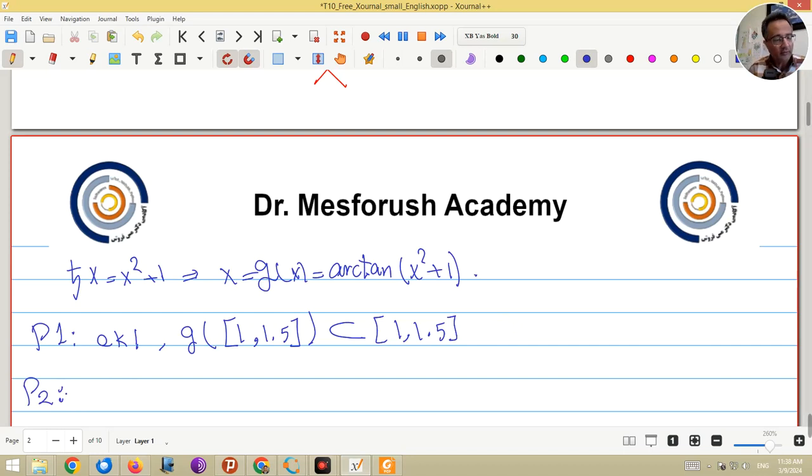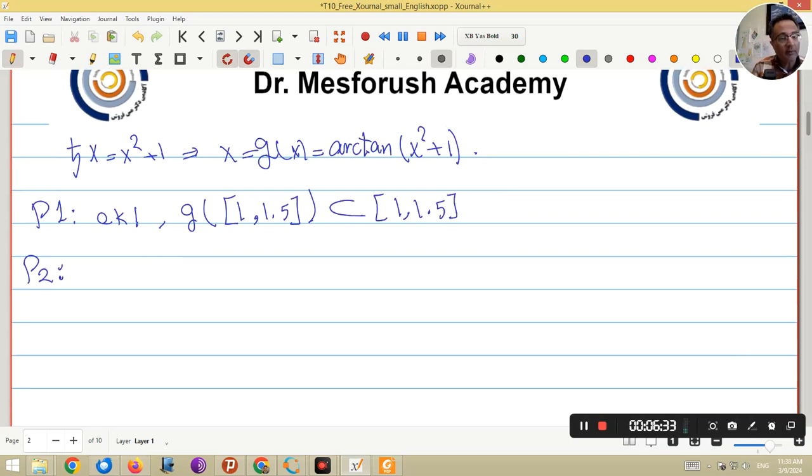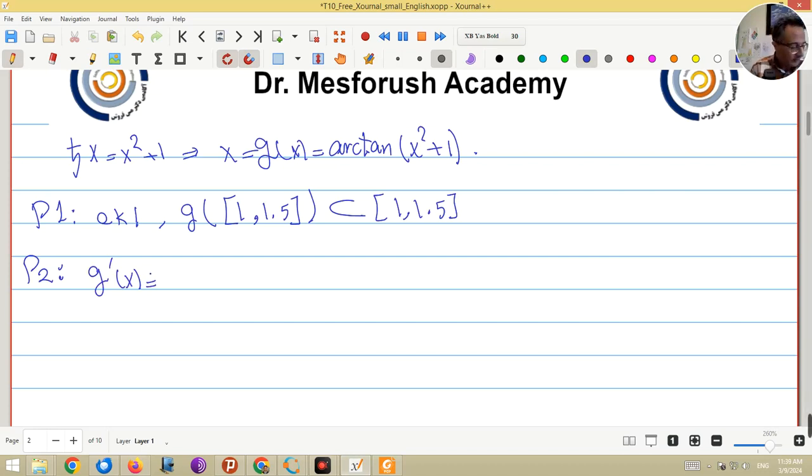And about the second property. What's the second property? The second property is something about the derivative of g. So we have to compute g prime of x. g prime of arctangent of x squared plus 1 will be 2x over x squared plus 1. And we know in the interval 1 and 1.5, this is less than or equal to 2 over 4 plus 1, which is 2 over 5.